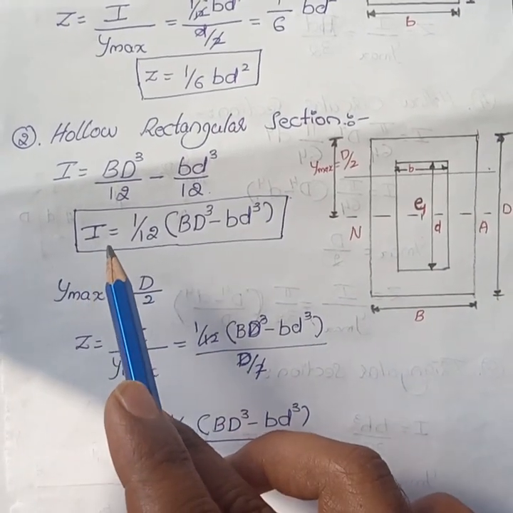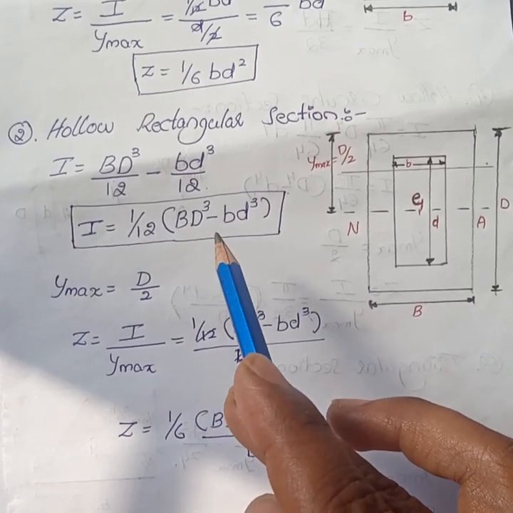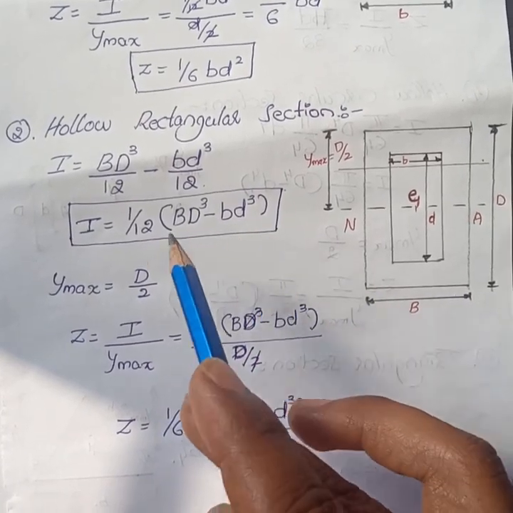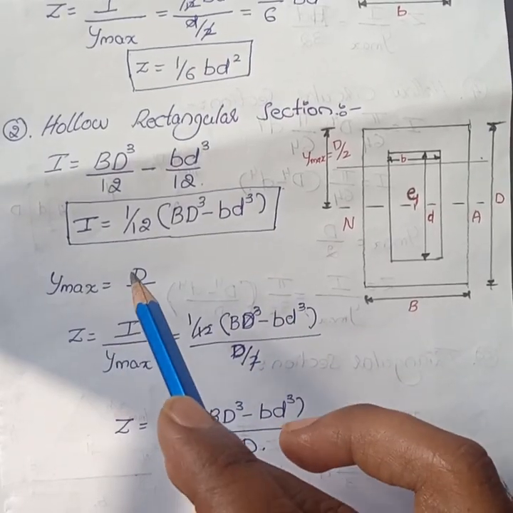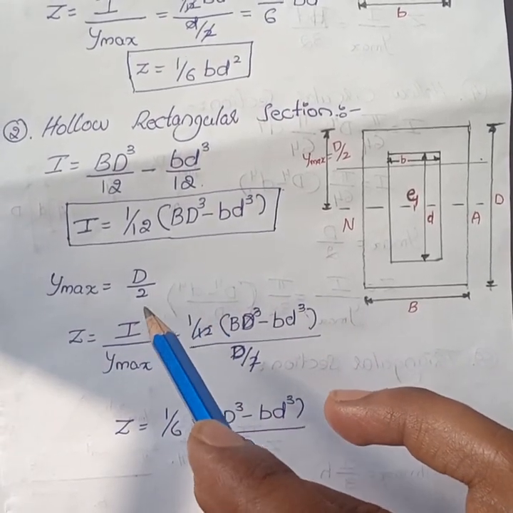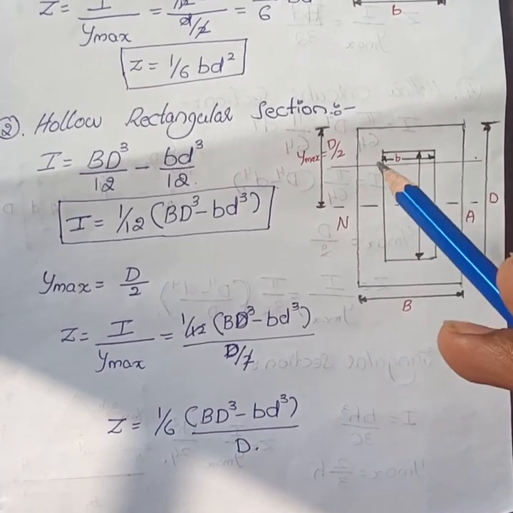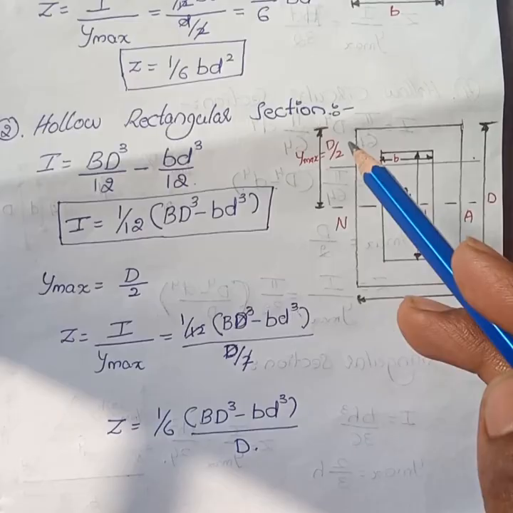The moment of inertia is 1/12 BD cube minus bd cube. You are taking 1/12 as common. Okay, next Y max equals to D by 2. So whole depth by 2, outer of the rectangle.